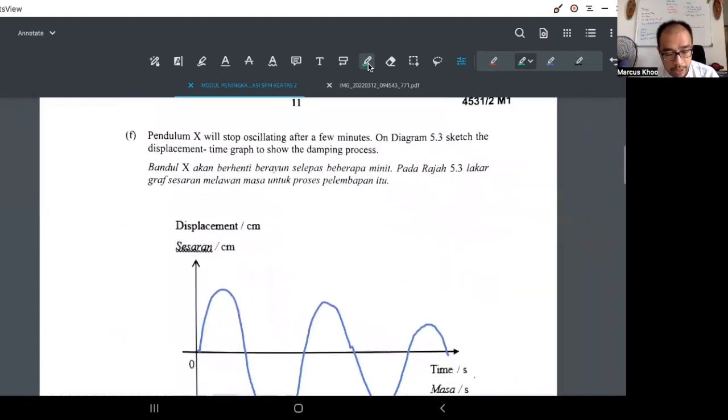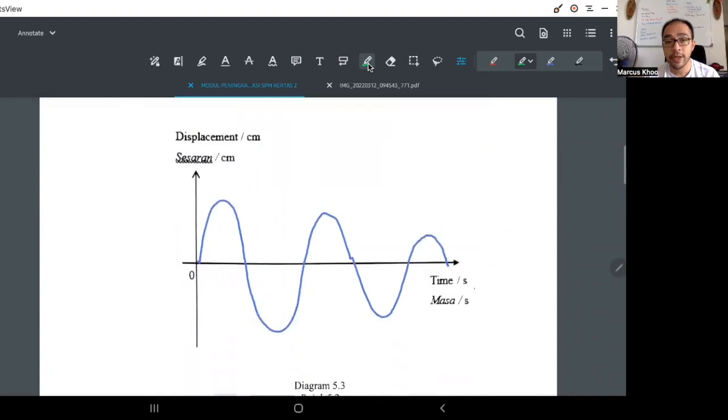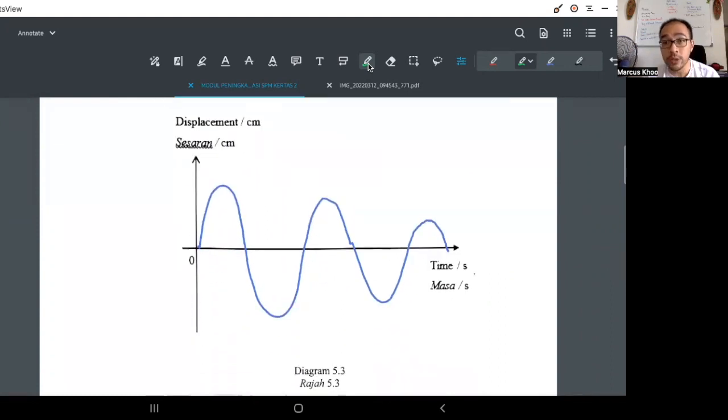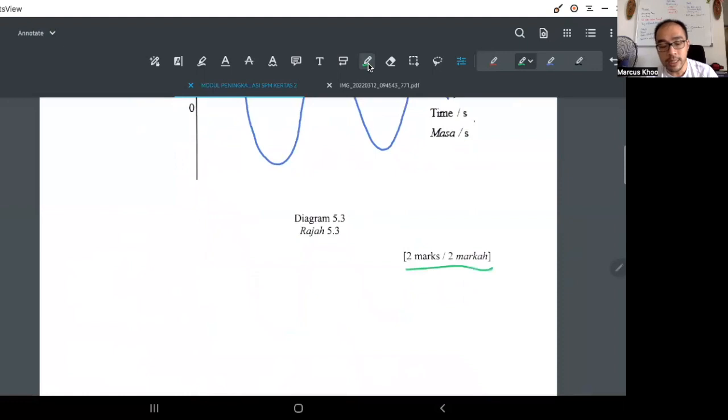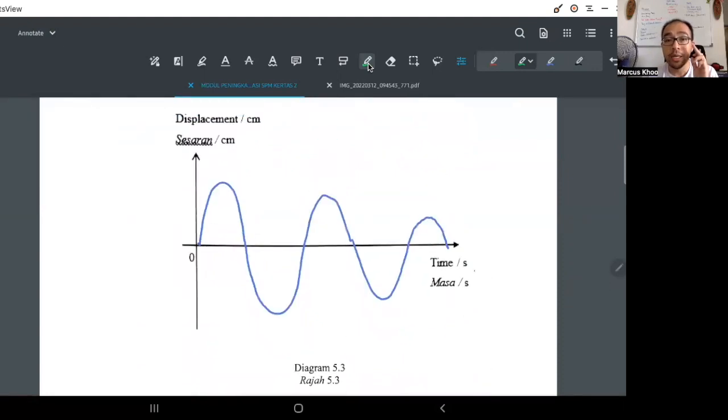Okay, so pendulum X will stop oscillating after a few minutes. It's called a damping process. So sketch the displacement-time graph. There are two things that we need to see when we are doing this. Don't just simply look at the style. The important thing is that the frequency must be the same.